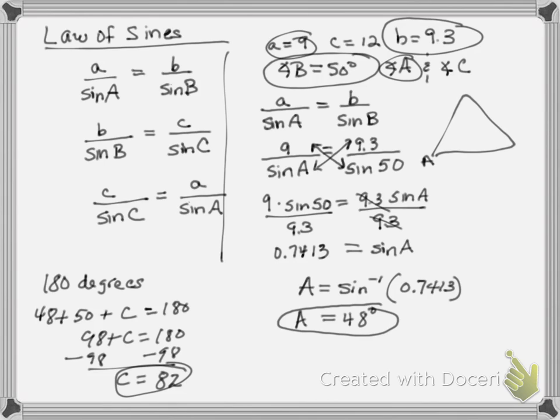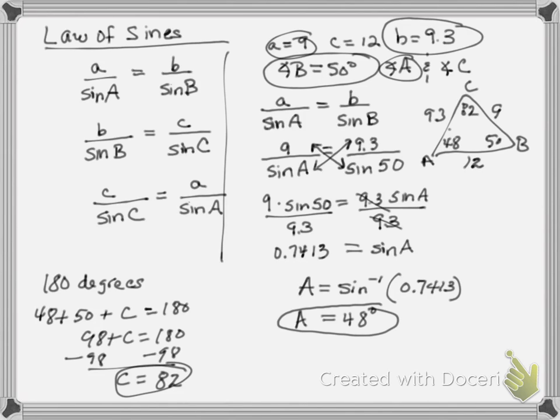I can check to see if this is correct. My big A, we said was 48 degrees, and across from big A is 9. My B is 50 degrees, and across from 50 degrees is my 9.3 measure. And then angle C is 82 degrees, and across from 82 is 12.